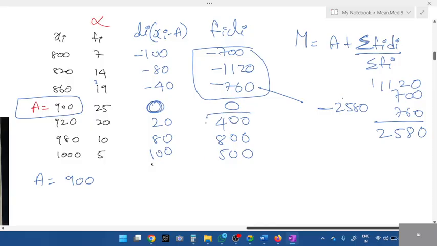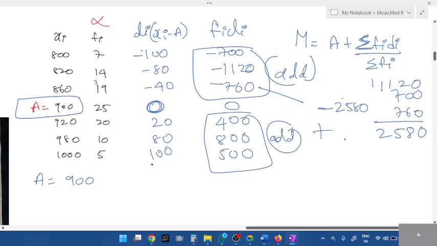Add these three. You'll get plus. See, for both I've added. One you'll get minus. For the other one you'll get plus. This is 1700. And now subtract minus. Yeah, you'll get the answer in minus.